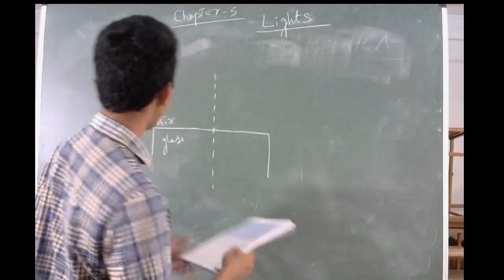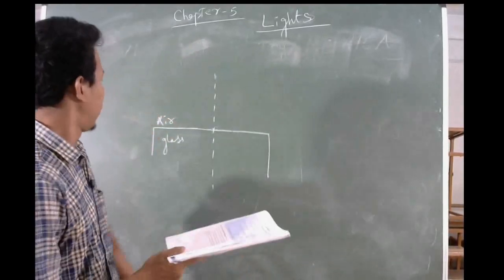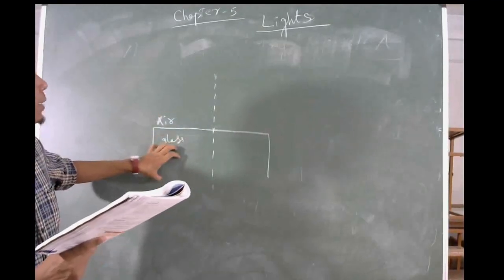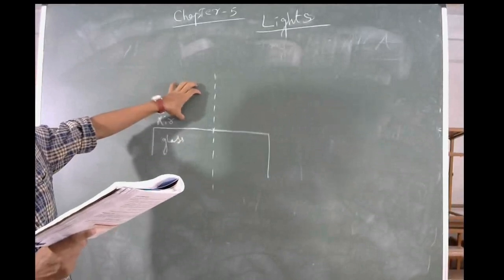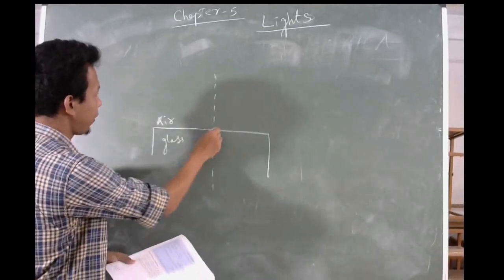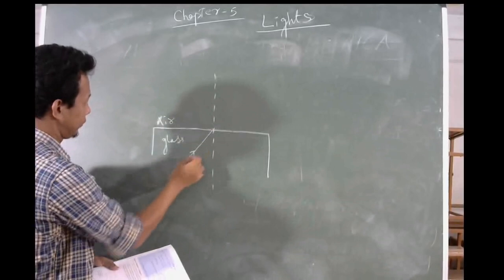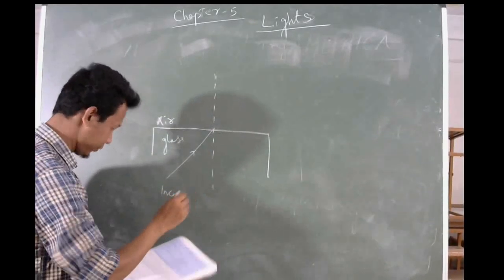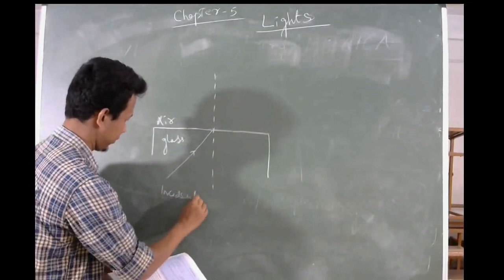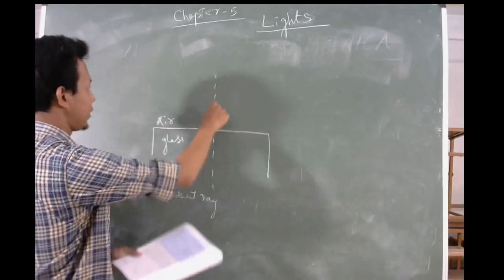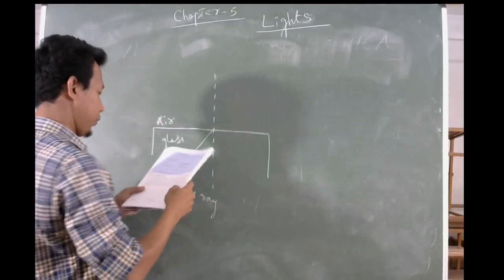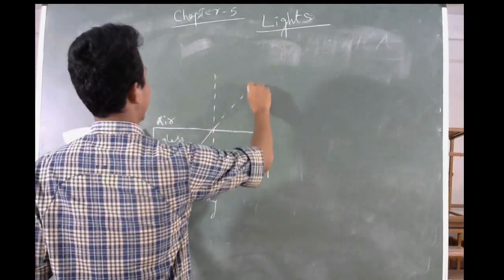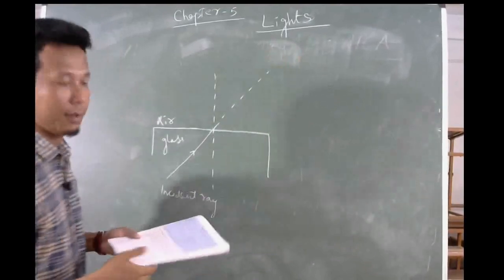Okay, next, we'll see when the light is traveling from optically denser medium to optically rarer medium. So first, the angle of incidence. This is the incident ray. This is the normal. So again, this is supposed to be the real path.